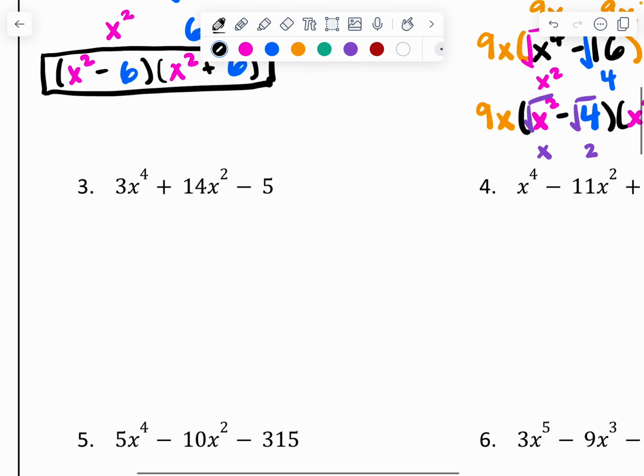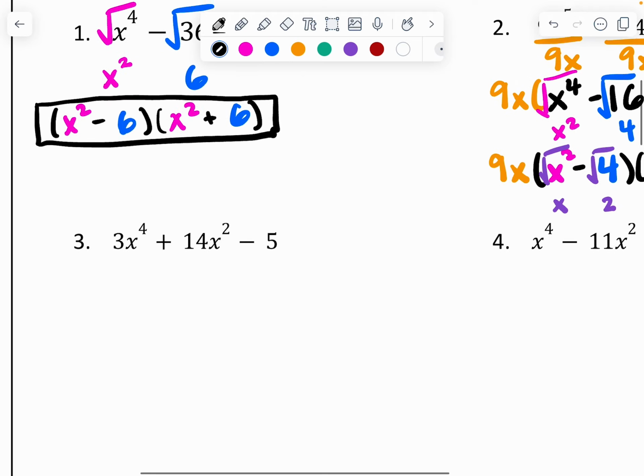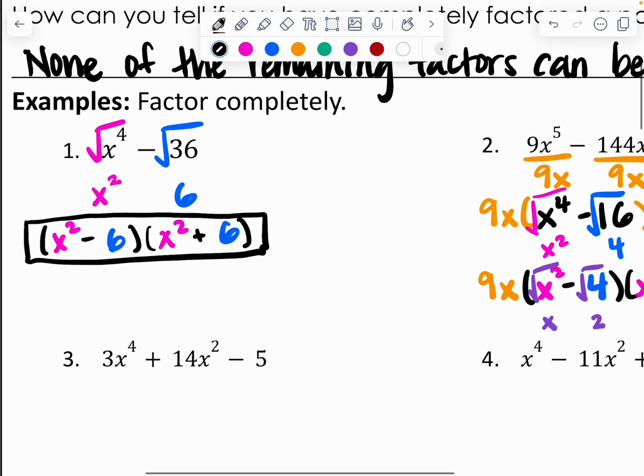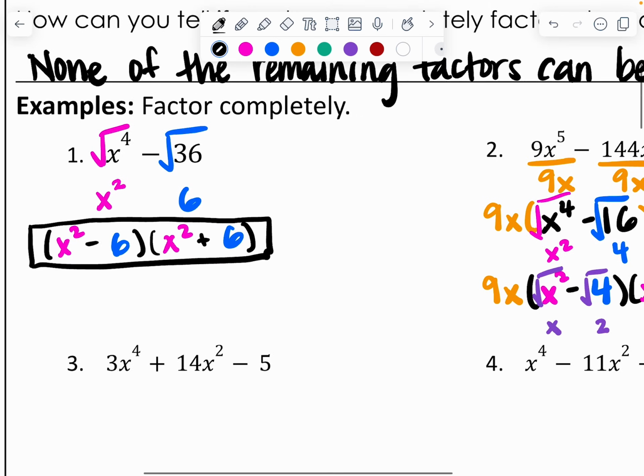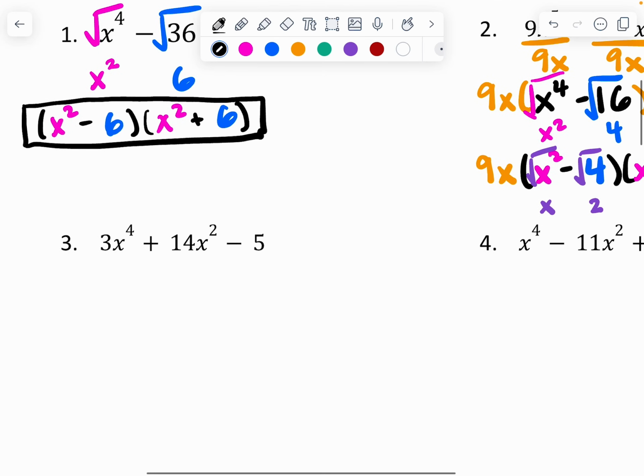Number 3, we have a trinomial. Highest exponent is 4. So we can't use difference of squares. They do not have a common factor. I can't factor by grouping until I break it down into a 4-term polynomial, so I need to use the AC method.